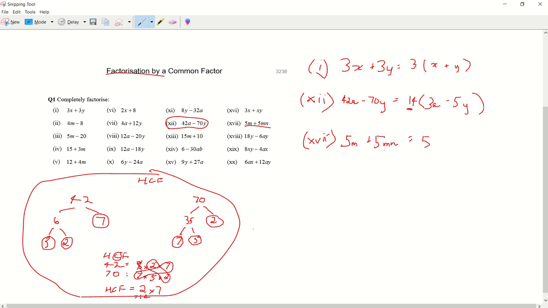In this one, they've both got an m, so we can put that there. What goes in the brackets? 5m times by what gives 5m? 1. 5m times by what gives 5mn? n. Okay, 5m bracket 1 plus n close bracket.